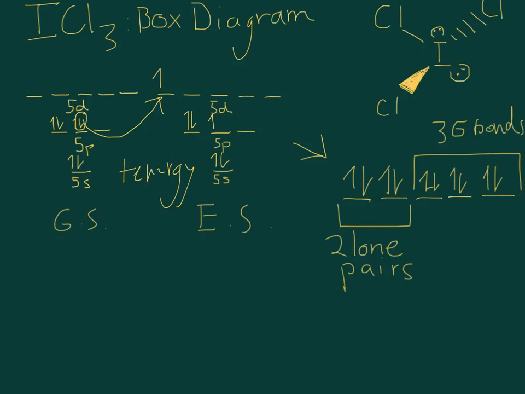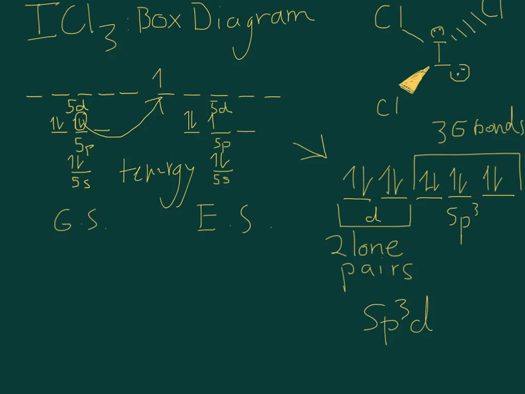This specific hybridization is sp3d, named such due to the overlapping s, p, and d orbitals provided to this molecule by iodine.